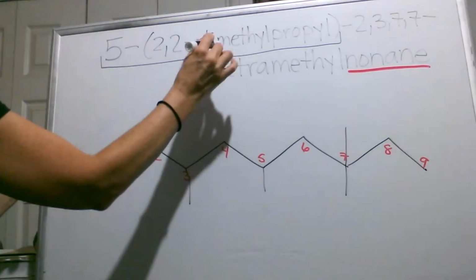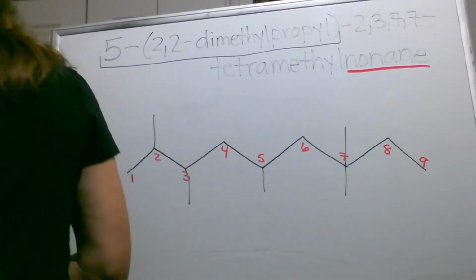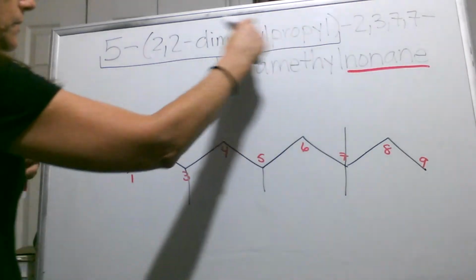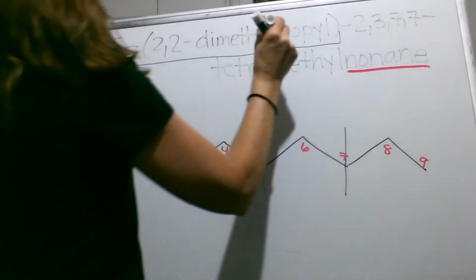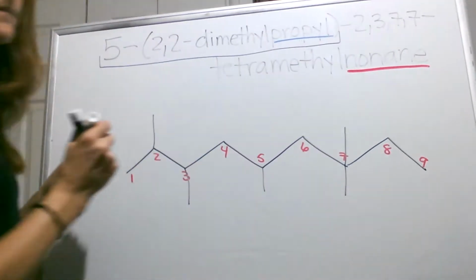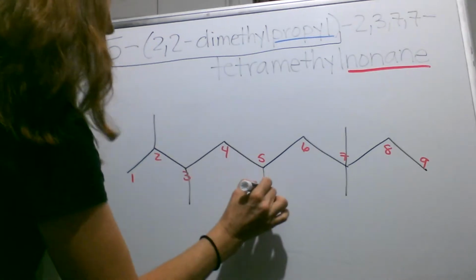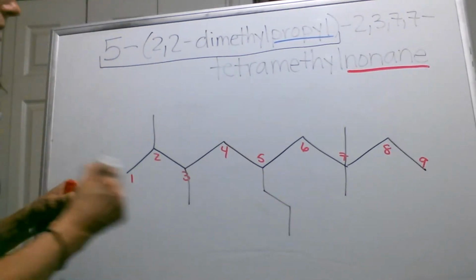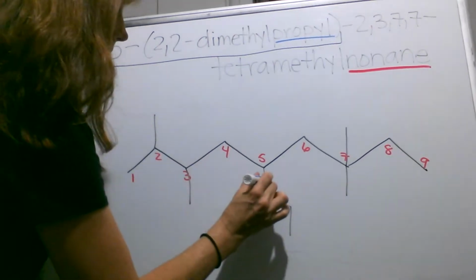So at carbon 5 we have a branched branch. And so we have to use a secondary numbering scheme. And so we're going to just look inside the parentheses. So the branch that we have attached is a propyl group. Okay, so that's 3 carbons. So on carbon 5, we have this hydrocarbon chunk that has 3 carbons, and we're going to go ahead and number that.